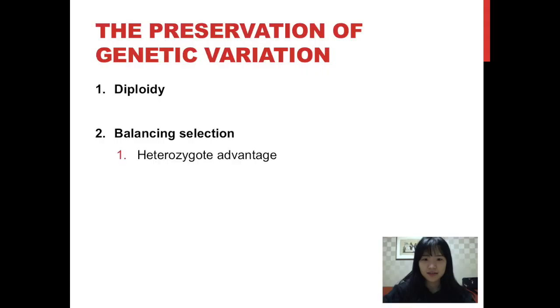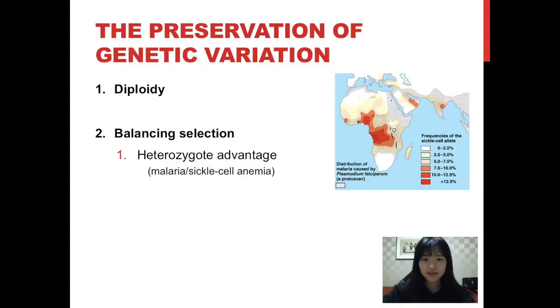Heterozygote advantage occurs when individuals who are heterozygous at a particular locus have greater fitness than both kinds of homozygotes. The sickle cell allele is most common in Africa, where malaria is widespread, as the heterozygote provides protection against malaria.